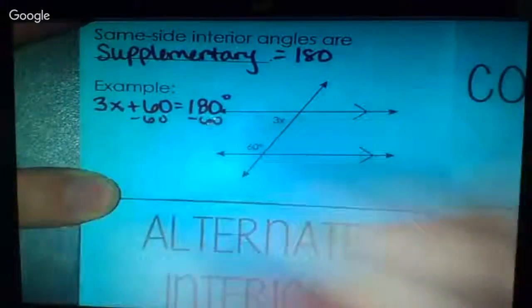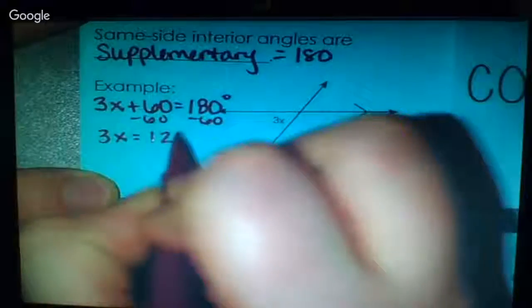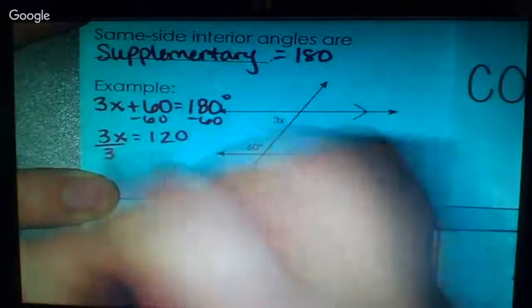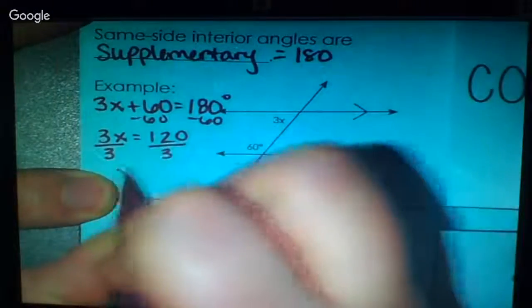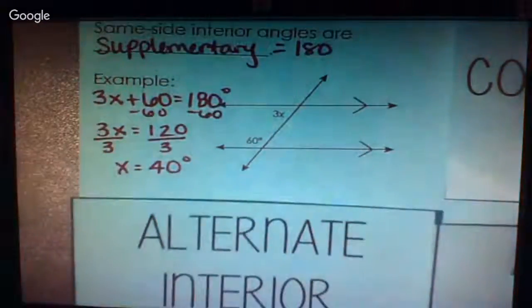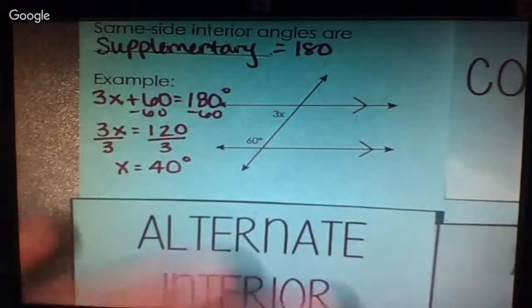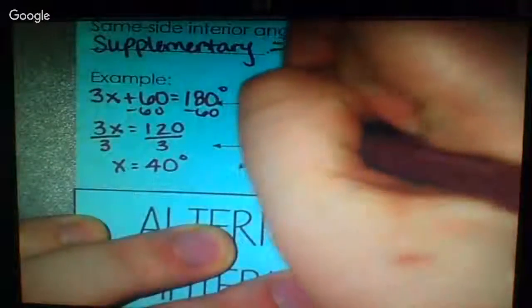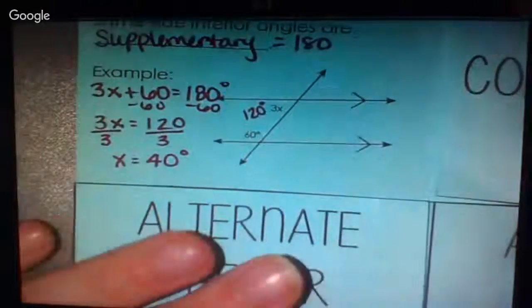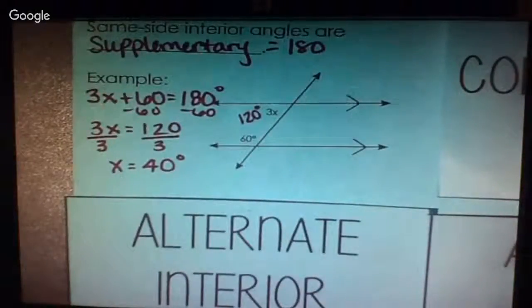Subtract 60 from both sides. So 3x equals 120. And you've all said we divide by 3, which means x equals 40. So if x equals 40, what is that top angle? 120. Yes.